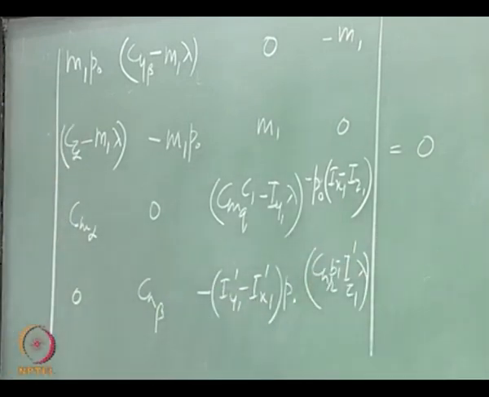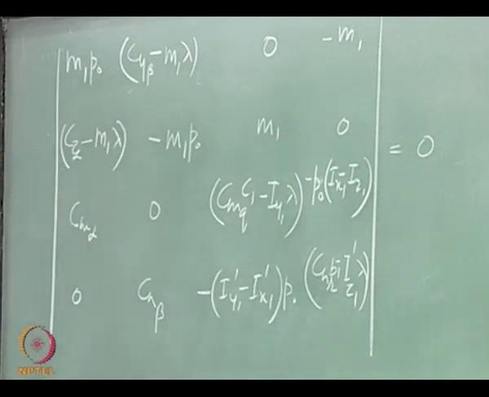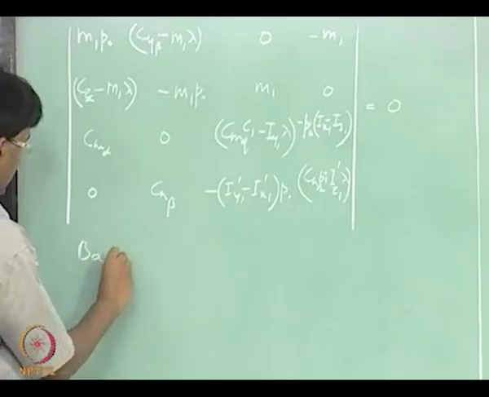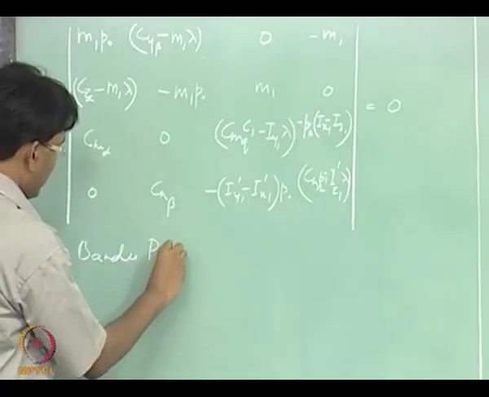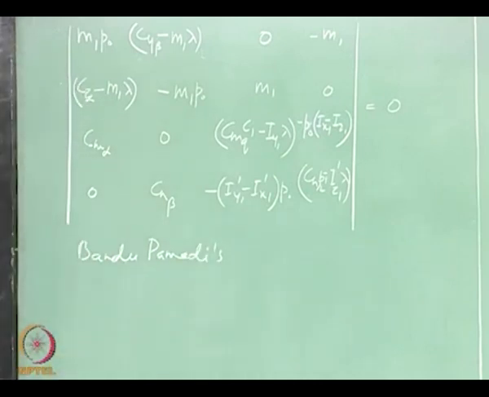Okay, let me read what I have written here. M1 P naught, this M1 is some non-dimensionalized mass. Each of these terms which you do not recognize, they are written in terms of aircraft parameters that you know. So, this particular example is from Bandhu Pamadi's book.